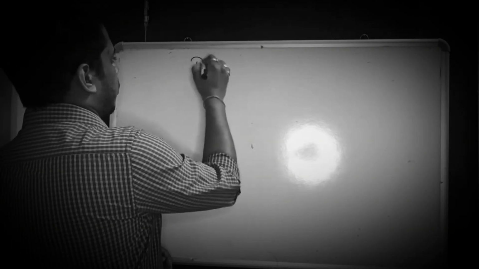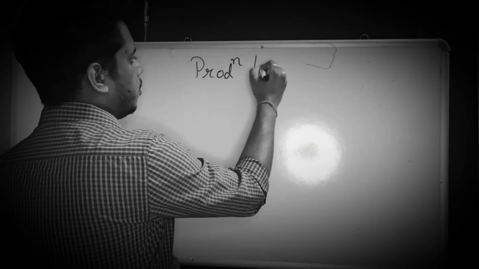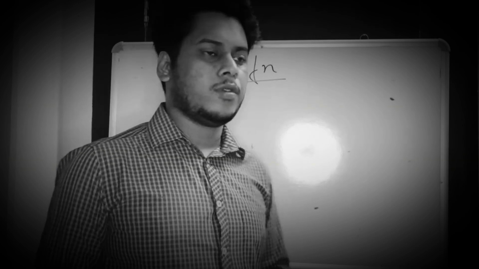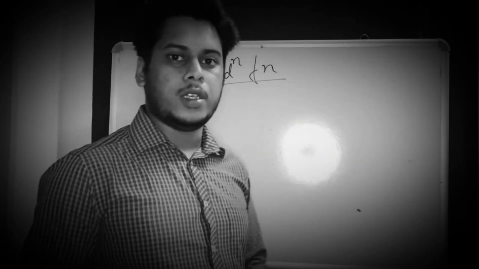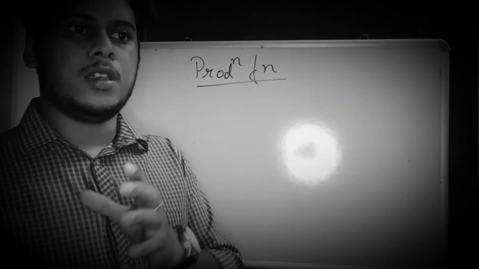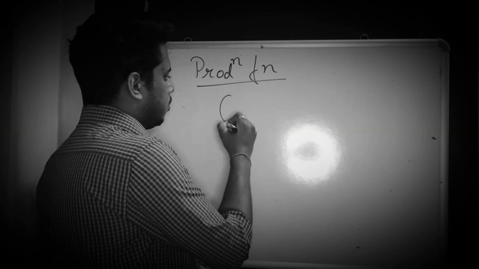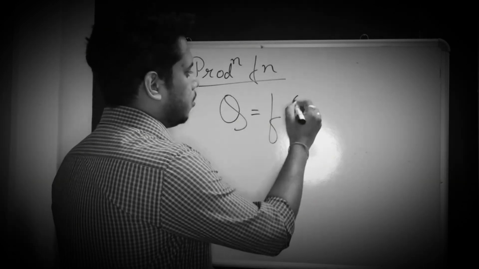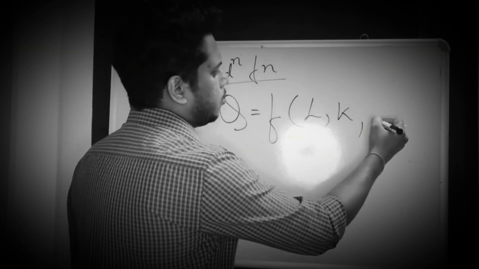The first topic is production function. So what is a production function? Now, production function shows us the relationship between the output and the inputs used to produce that output. Say Q is the output and it depends upon labor, capital, and so on.